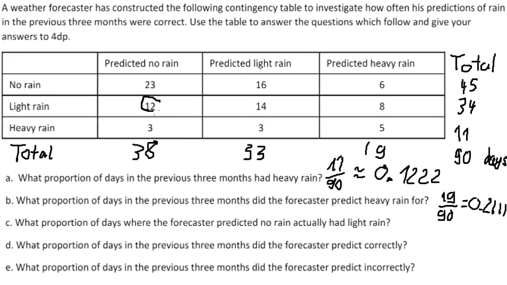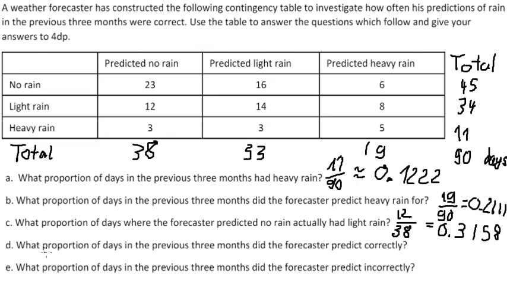So we will have number 12, we divide by 38. So this one, we will have about 0.3158. And this is the answer for question C.